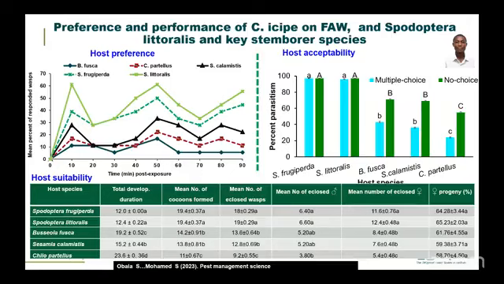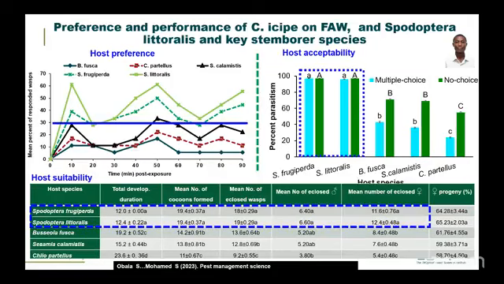Having it just parasitize is something, but we went further with this parasitoid to find out the host species, because when you release it, the parasitoid will encounter so many other hosts. Some of them even co-evolved with this parasitoid, like Spodoptera littoralis, but there are other hosts in the system.